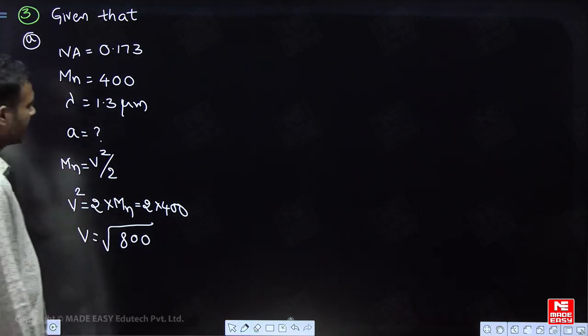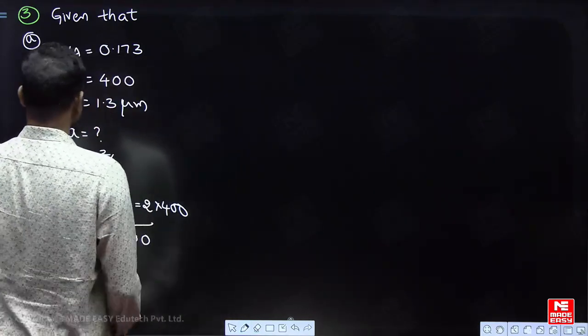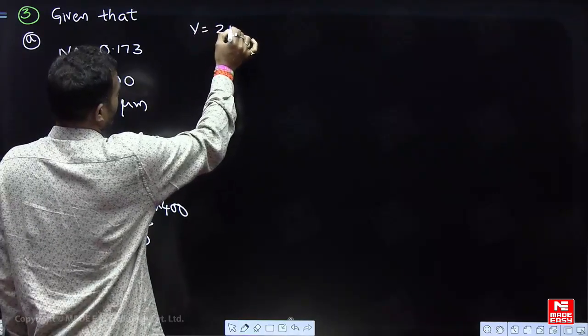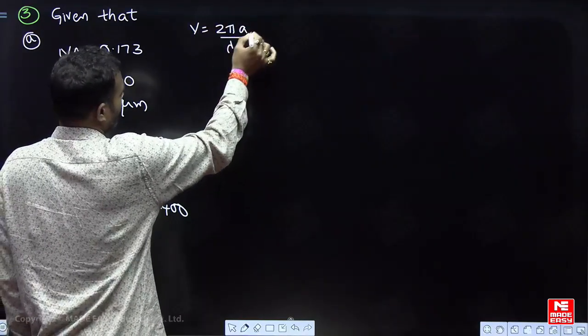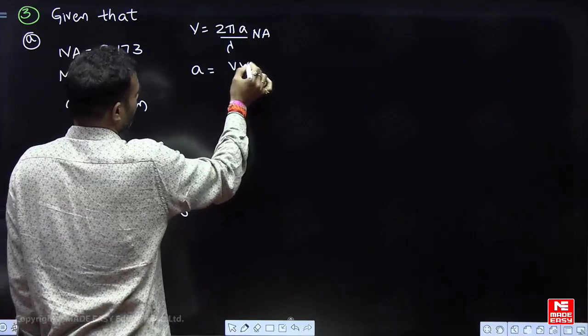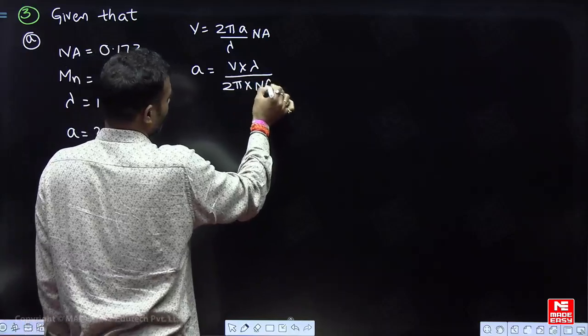Now I need to find the radius of the core. V is equal to, as studied in the classroom, 2 pi A by lambda into numerical aperture. Then A is equal to V into lambda divided by 2 pi into numerical aperture.